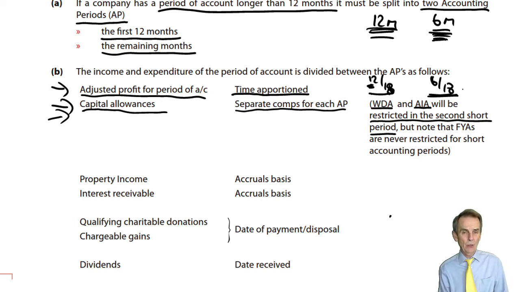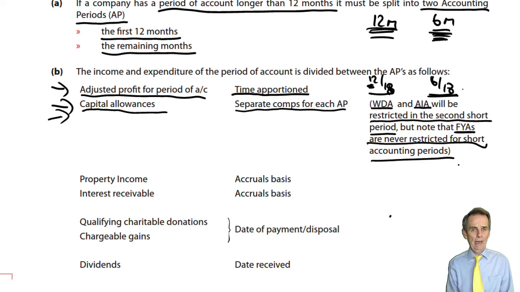But of course, as we saw when looking at this issue in dealing with the unincorporated trader and the preparation of our capital allowance computations, we know that if we have a short period for the CA comp, then we must time apportion WDA and AIA limit. We do not time apportion our first year allowances. Note that FYAs are never restricted for short accounting periods.